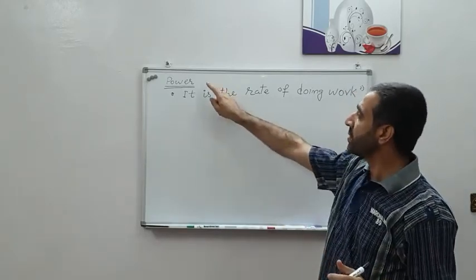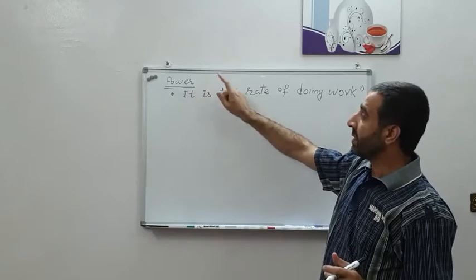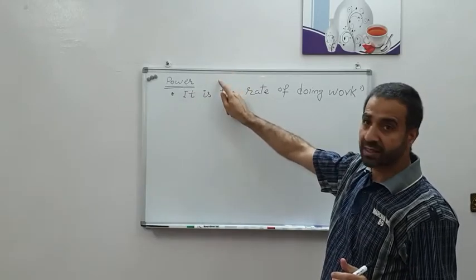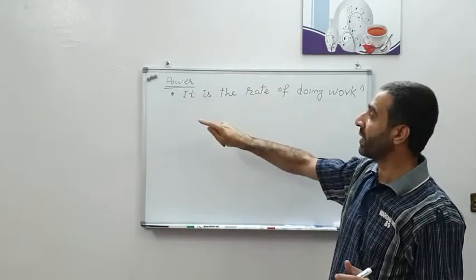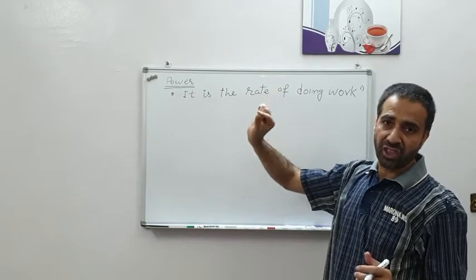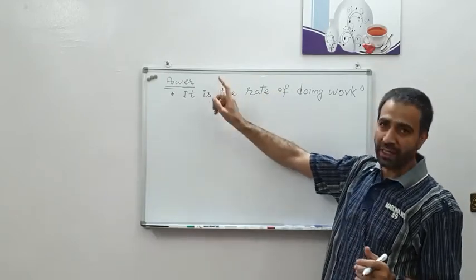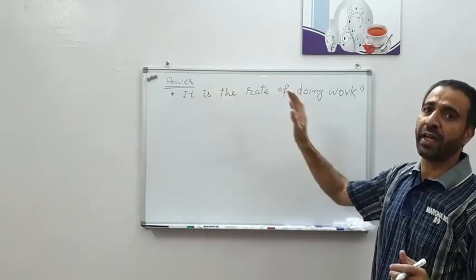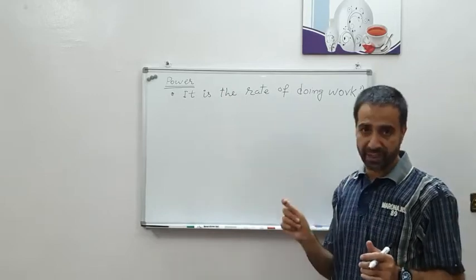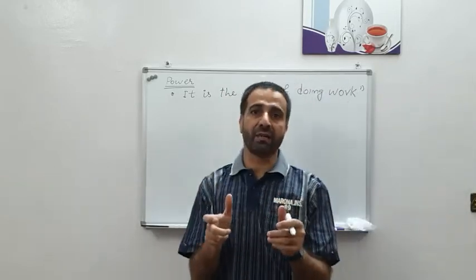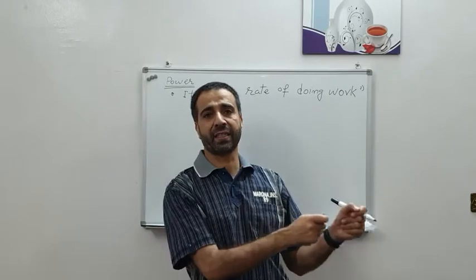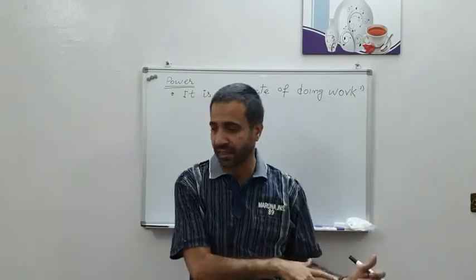The true concept of power is how fast or how quick the given machine converts one form of energy into another form of energy. For example, how fast the bulb converts electrical energy into light energy.